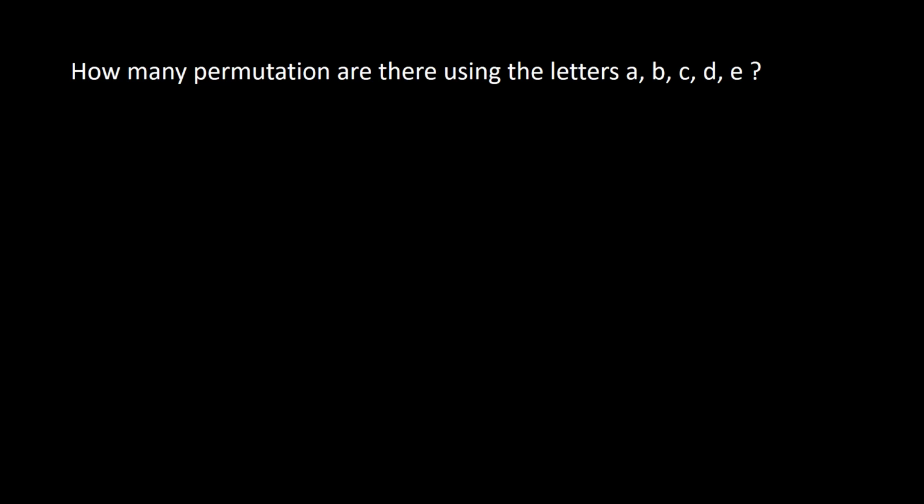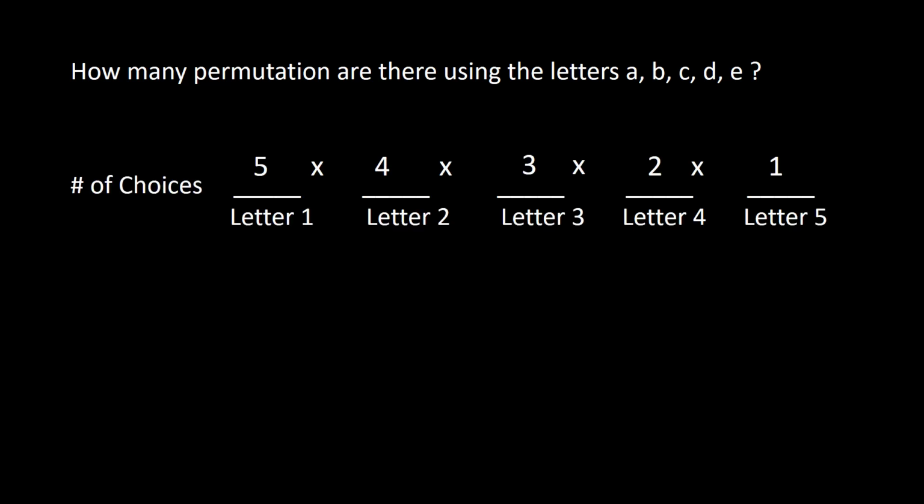Well, what we said before was that we had 5 times 4 times 3 times 2 times 1. But what we can do now is, instead of writing out the 5, 4, 3, 2, 1, I could use factorial to represent the same thing, where I can write 5 and then the exclamation point after the 5 to represent 5, 4, 3, 2, 1.